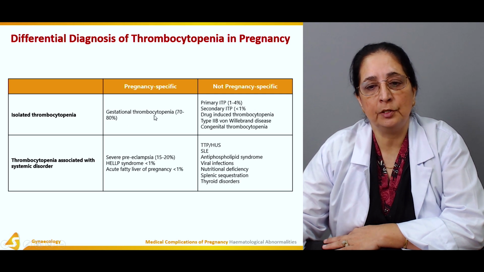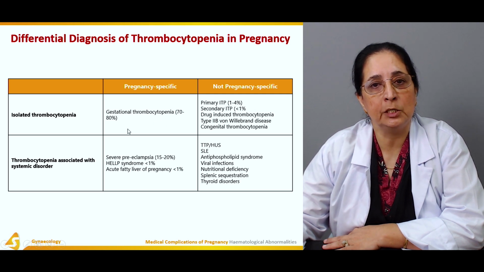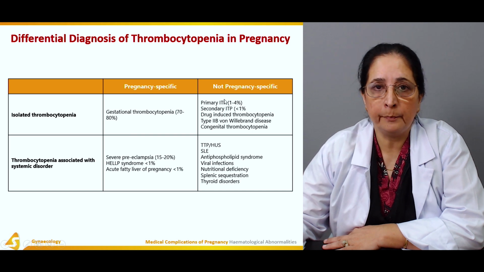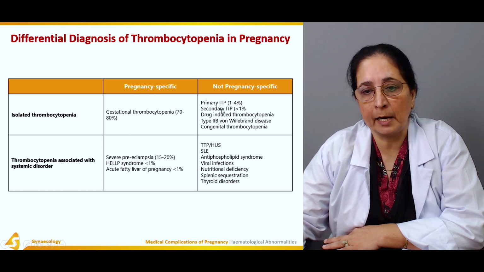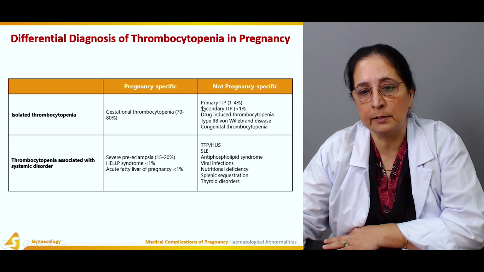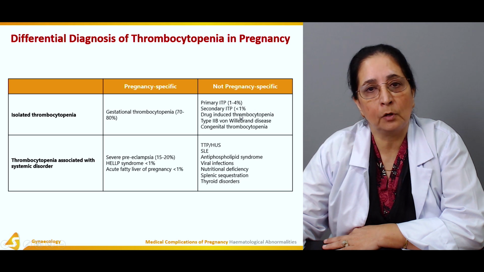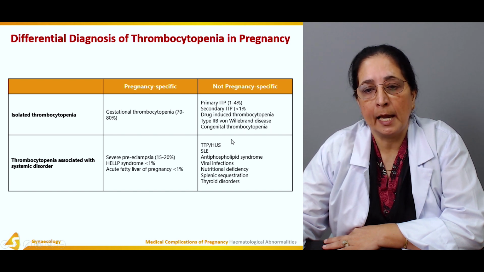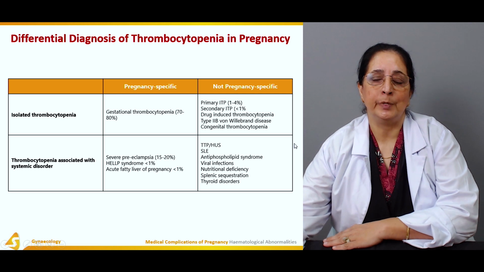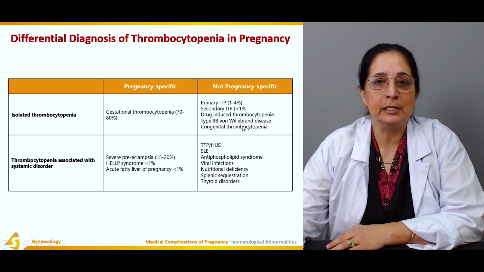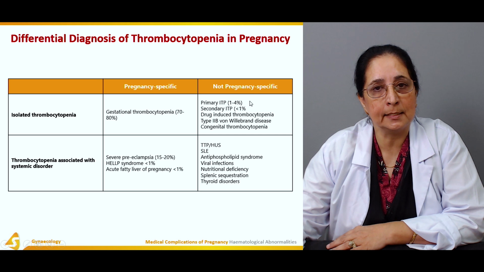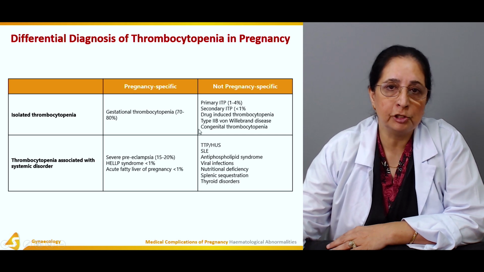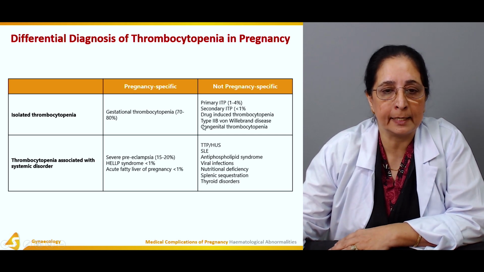Usually it's gestational thrombocytopenia, 70 to 80%. In non-pregnant cases, it's usually primary idiopathic isolated thrombocytopenia, secondary isolated thrombocytopenia, drug-induced, type 2b von Willebrand disease, and congenital thrombocytopenia. These are all the differential diagnoses in non-pregnancy cases and gestational thrombocytopenia in pregnancy.